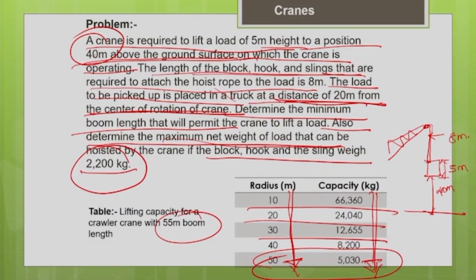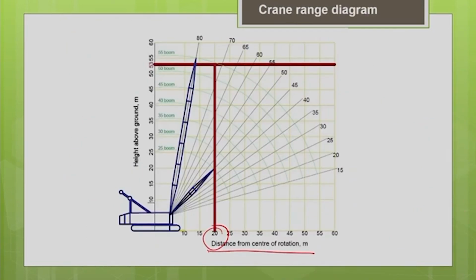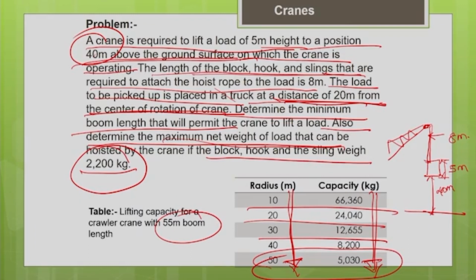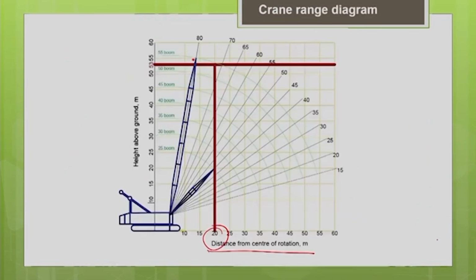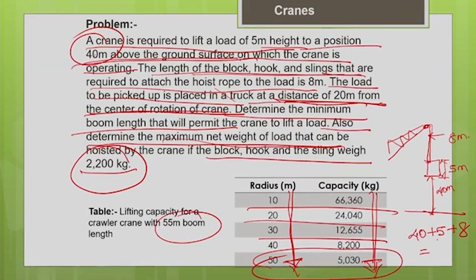In the crane range diagram, what you have on the y axis is the height of the boom tip above the ground level. So, your required height of boom tip above the ground level is 40 plus 5 plus 8, which gives you a value of 53 meters. This is the height needed.